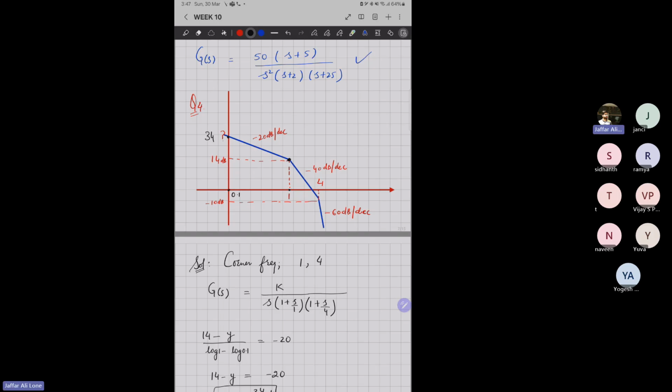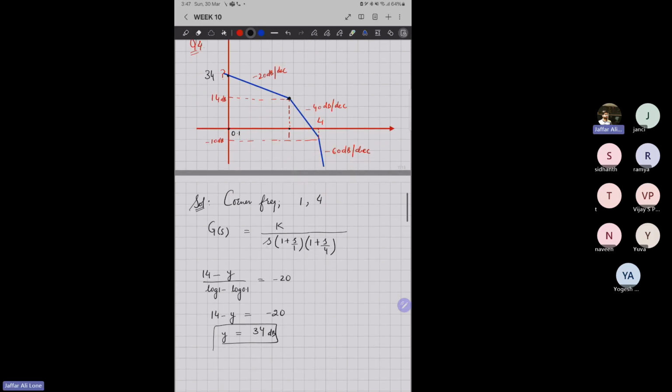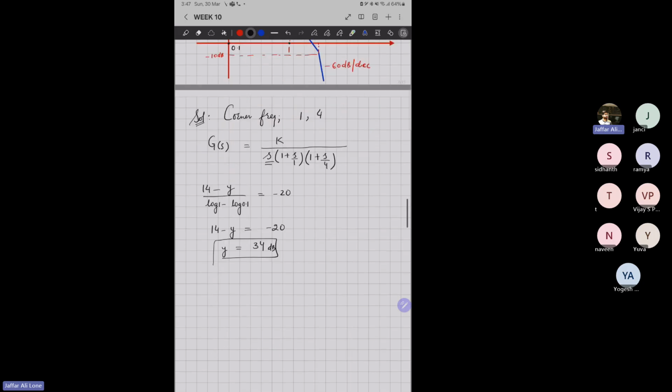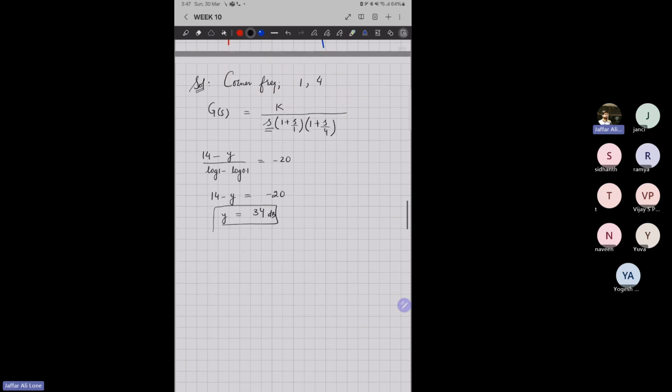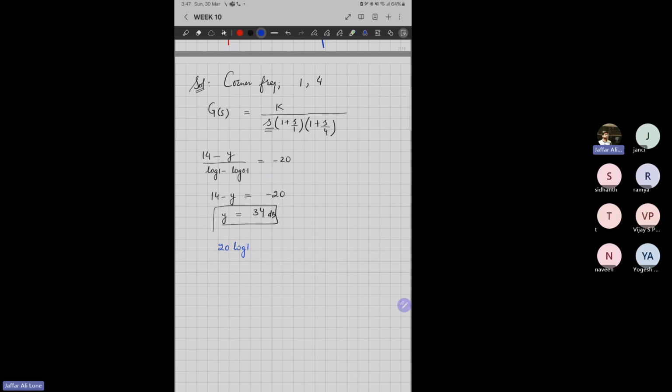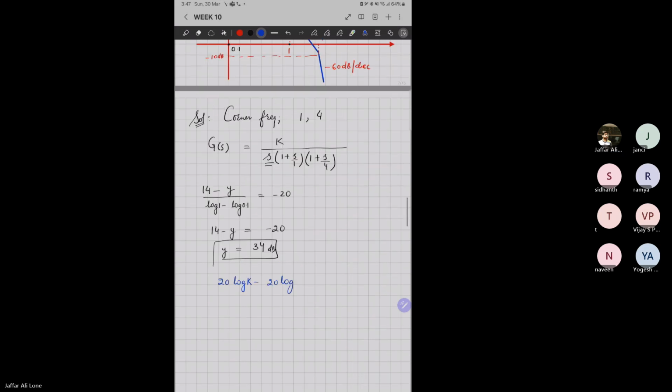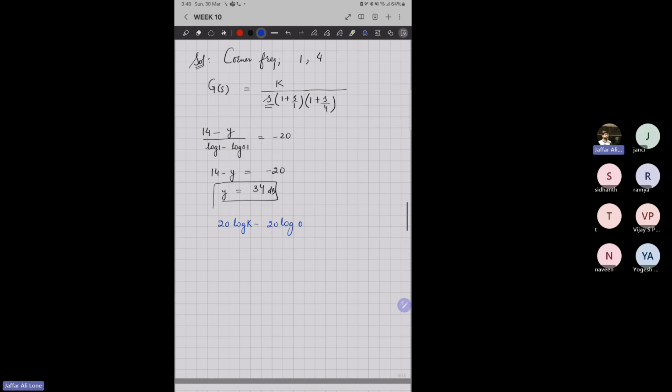Correct? So now you know this is a type 1 system because it has one pole at origin. So for a type 1 system, I know this formula: 20 log of K minus 20 log of 0.1 is equal to the magnitude, which is equal to 34.